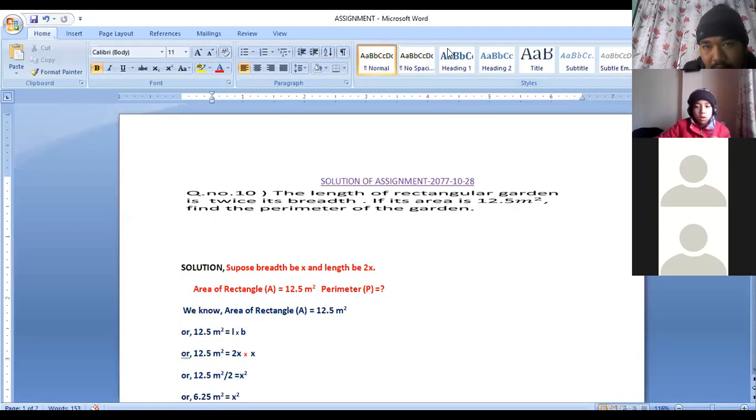Can you explain again? Okay, now I am moving to the next. Here we have used the formula of area. Area equals L into B, that is only. Yes, sir.